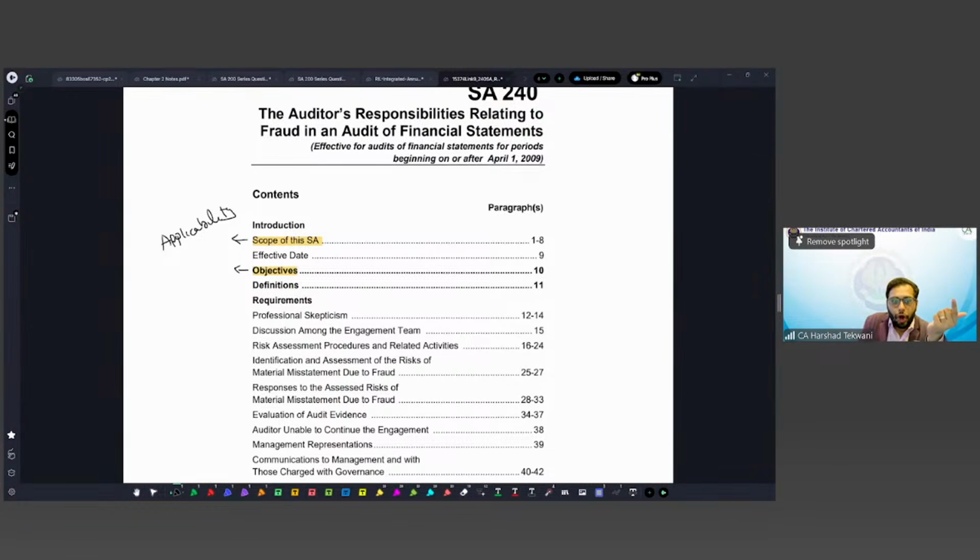Yes. So what is the auditor supposed to achieve? When I talk about objectives, these are objectives of the auditor: what he is required to achieve at the end.